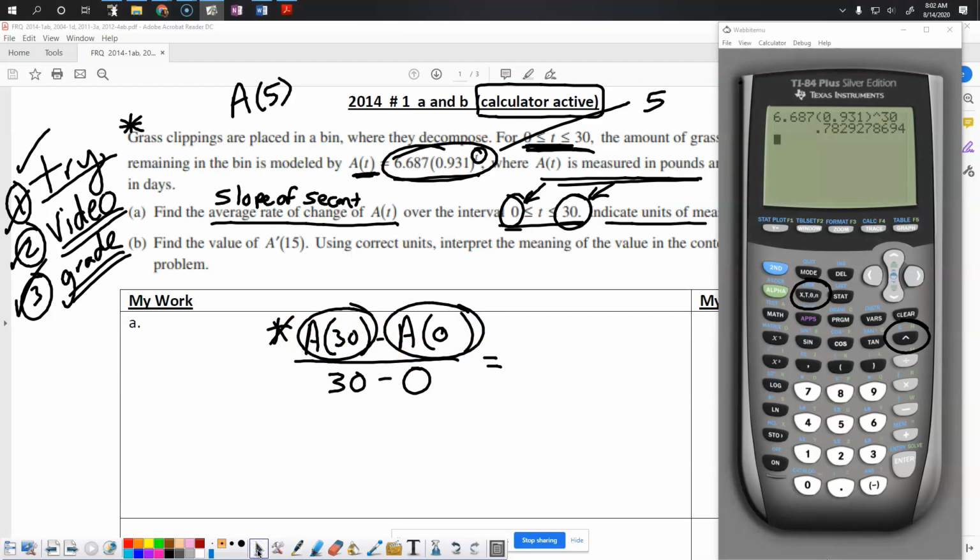So let's do that. Now, instead of typing in the whole thing again, watch what I can do here. I can just bring up the variable y1. So let's push variable, which is right here. You're going to push variable. You're going to scroll over to where it says y vars.